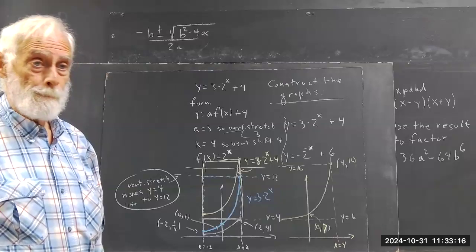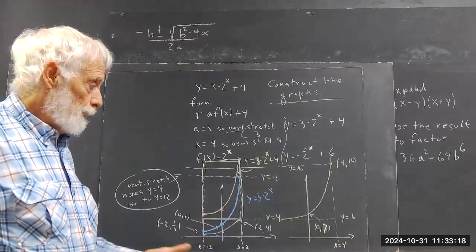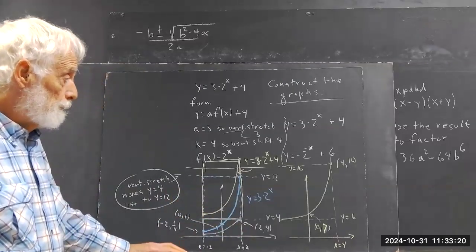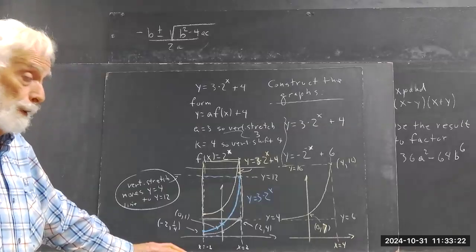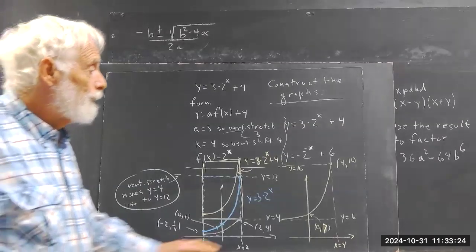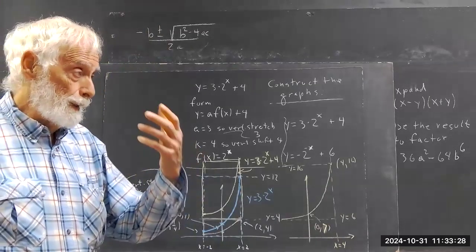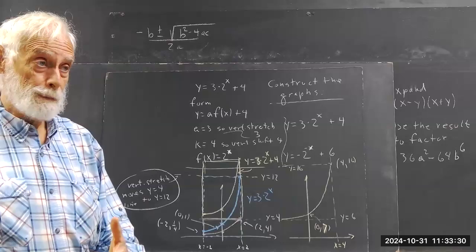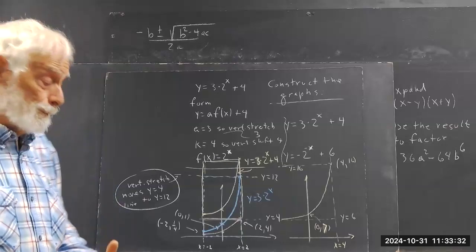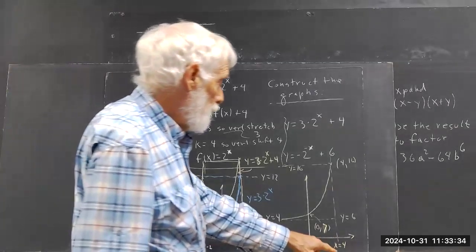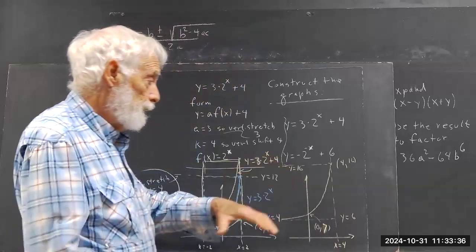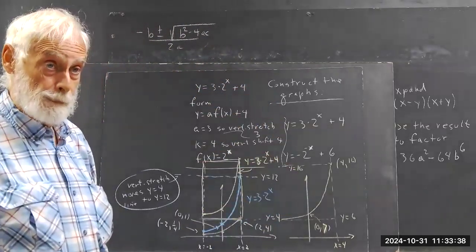Everybody that did this did a good job with it, but a little more detail lets you look at it and understand what the numbers are like. Just the x equals 4 line and the y equals 16 line define the scale of this graph.